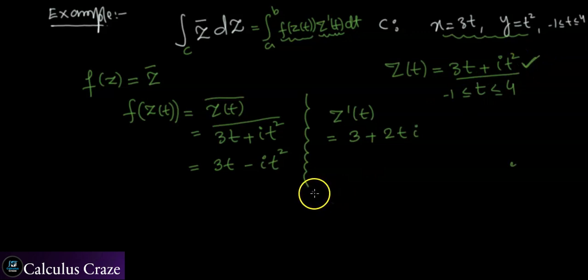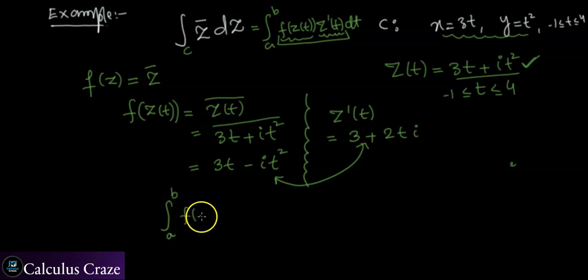So now my task is to multiply these two quantities with each other, and this will give me the product integrand, and then I will finally integrate it. So let's put it into the integral from a to b of f of z of t times the derivative of z with respect to t.